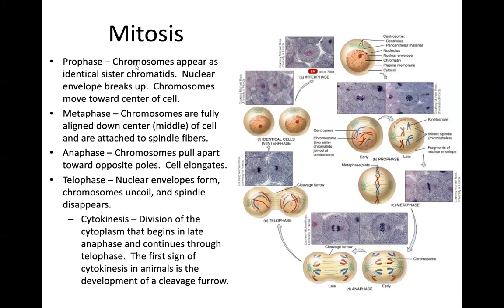The first phase of mitosis is called prophase, where we first see the appearance of chromosomes. If we look at the top of our figure on the right, here's our cell, but it's in interphase. And as we learned, most of the time, a cell inside its nucleus doesn't have its DNA in chromosomal form. Instead, it's got the DNA in the form of chromatin, which is that grainy mass.